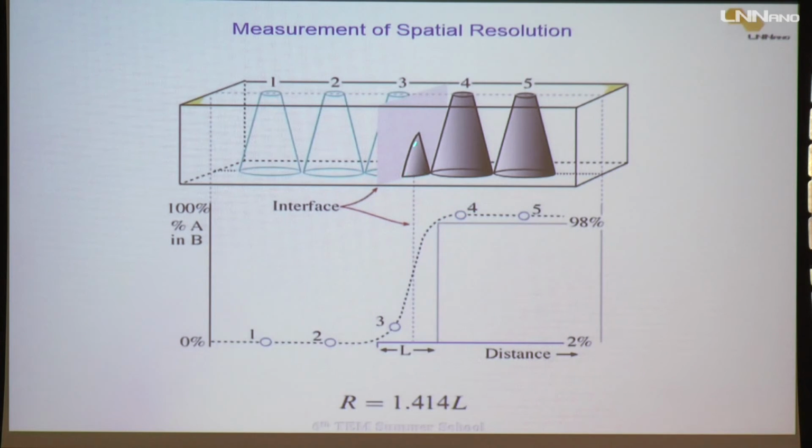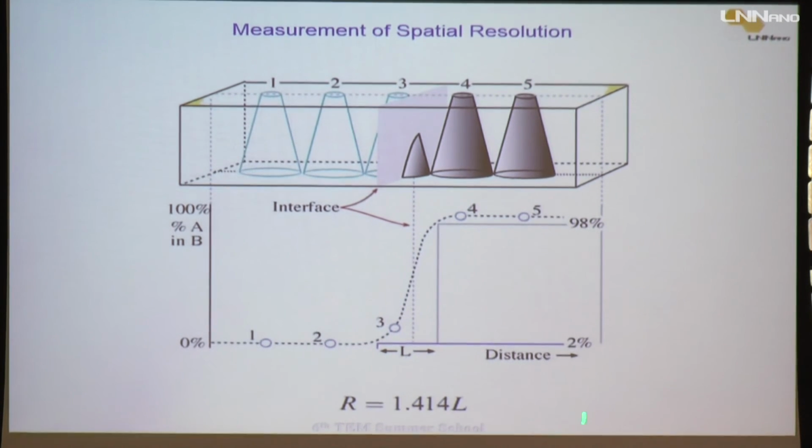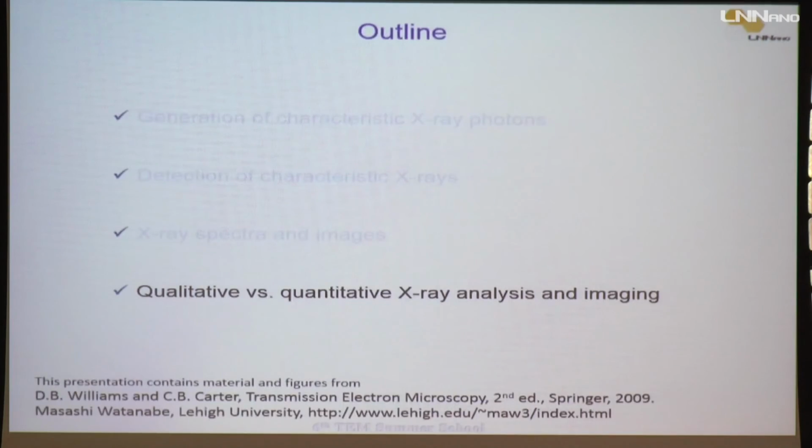And then when your beam, the cone that is formed by the scattering, passes through the interface, then you have 100% of the other element. By measuring this distance here from 2% to 98% of the total intensity that is measured, and multiplying by 1.414, you have an experimental estimation of your resolution, okay?